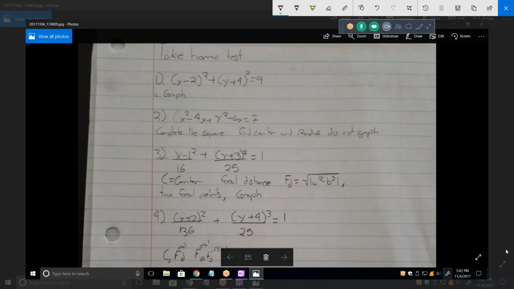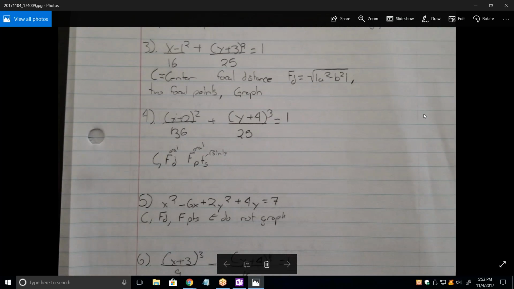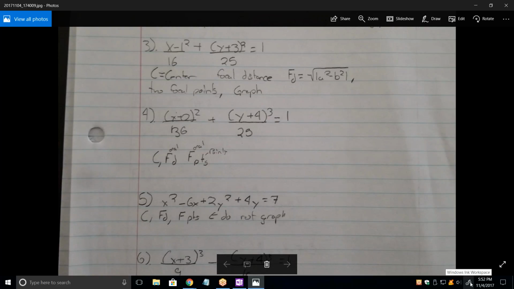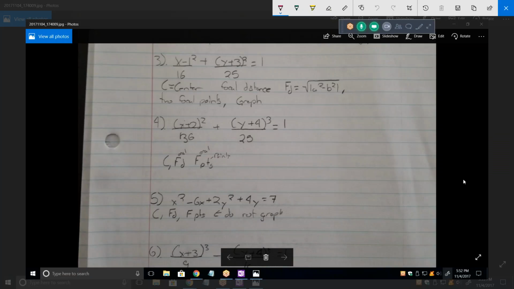All right. Number 3. What kind of figure is this? That's an ellipse. And what is the standard format for an ellipse? Again, you've got to start with these general equations. Yeah. I don't know that one off the top of my head.